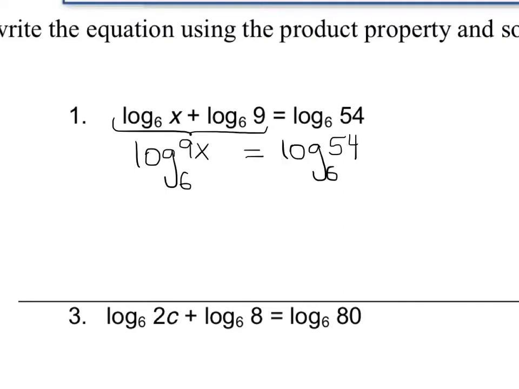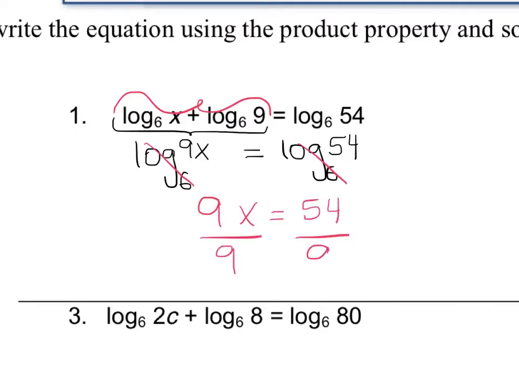So what I really did is I combined those two into 1. Now look at those two. Don't you have log 6 on both sides? So you can just cancel them out. What do you get? 9x is equal to 54, divided by 9, divided by 9. So x would be 6.